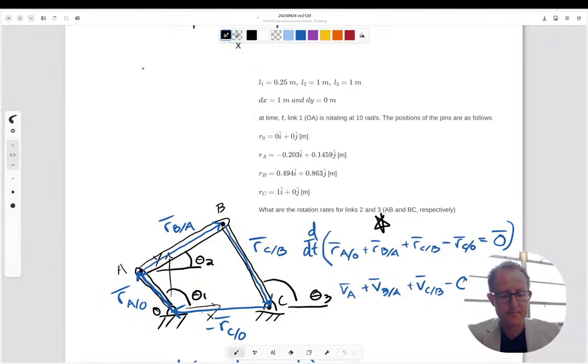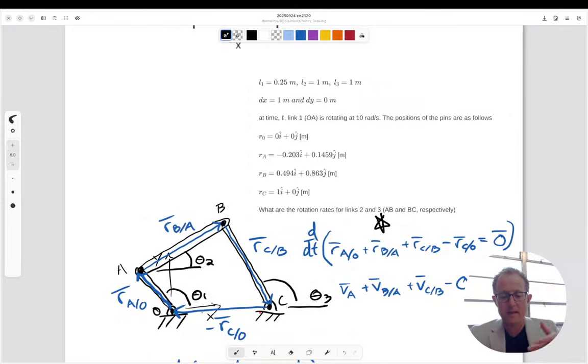There we go. How do I take my intuitive understanding of these links at positions O, A, B, and C, which are all connected together, and turn that into a math equation where I can start doing some analytical work, like actually predicting, based on where angle 1 is, how do angles 2 and 3 respond? So to me, that's the most important part.